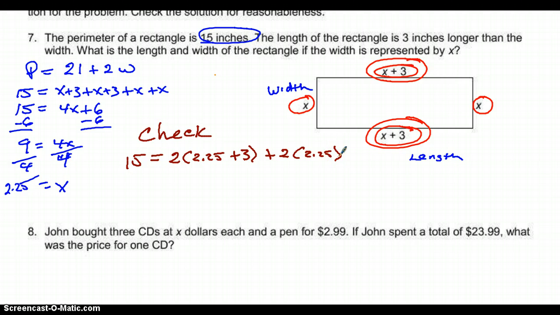Now again, we were able to get this by simply saying that 2 times L plus 2 times W. We could have literally combined that.